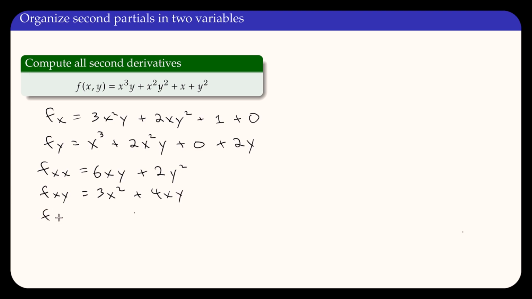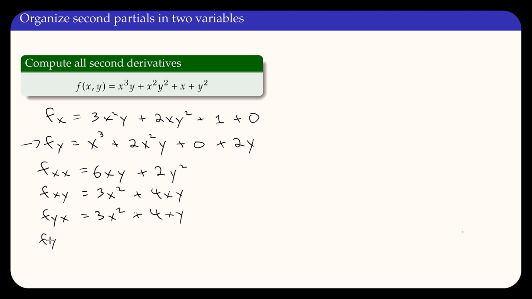Next we can do f subscript yx. So now we're looking here at our f subscript y, our first partial with respect to y. And I want to take the derivative of this with respect to x holding y constant. So I'm going to get 3x squared plus 4xy plus 0.